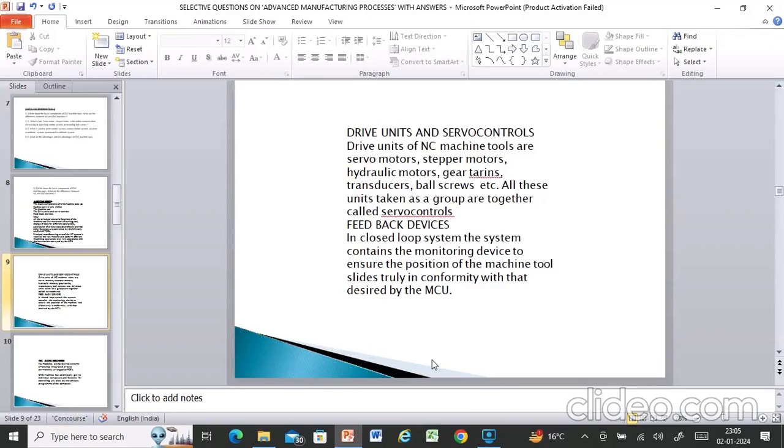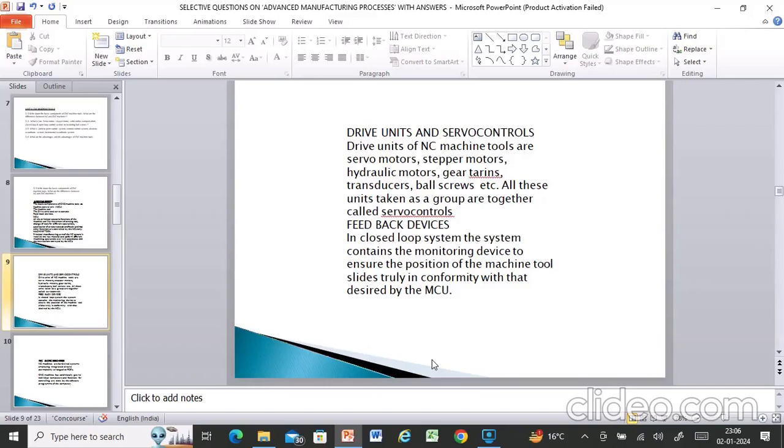And the other one is the feedback devices, because most of the machines will have a closed loop system. In a closed loop system, the system contains a monitoring device to ensure the position of the machine tool slides is truly in conformity with that desired by the MCU.